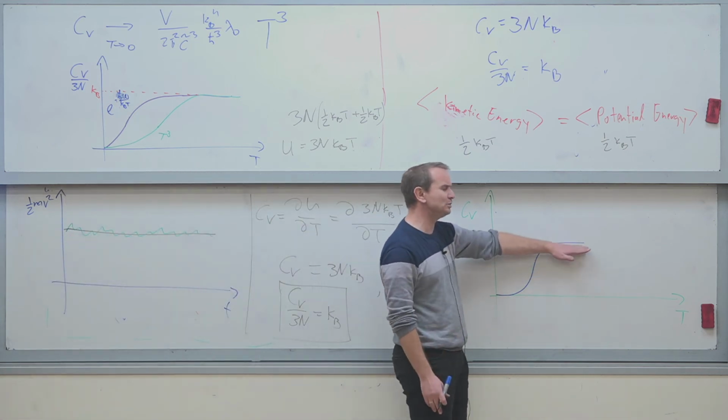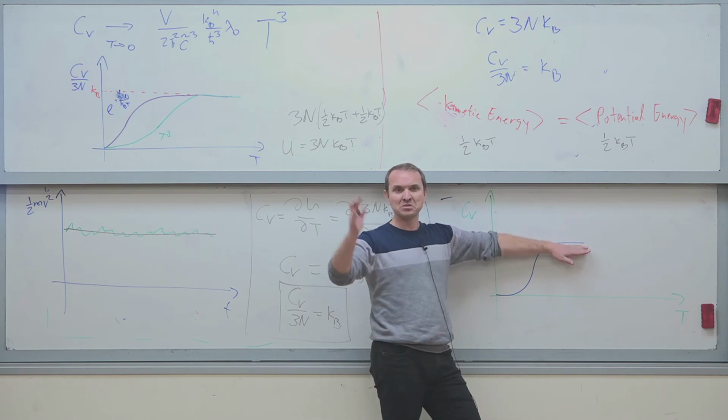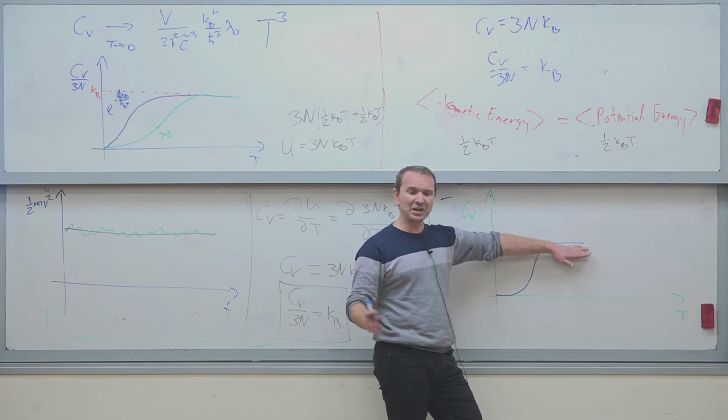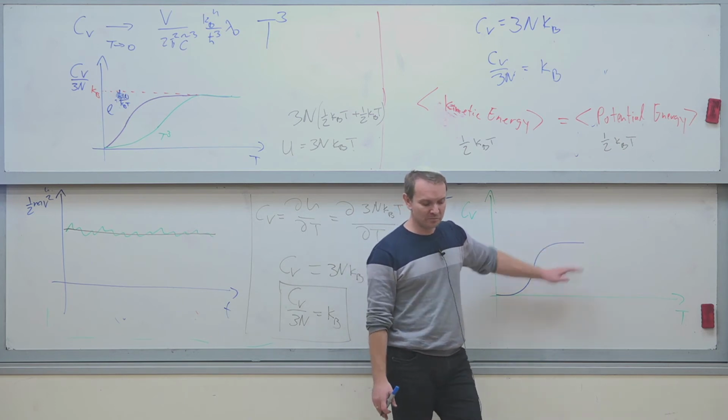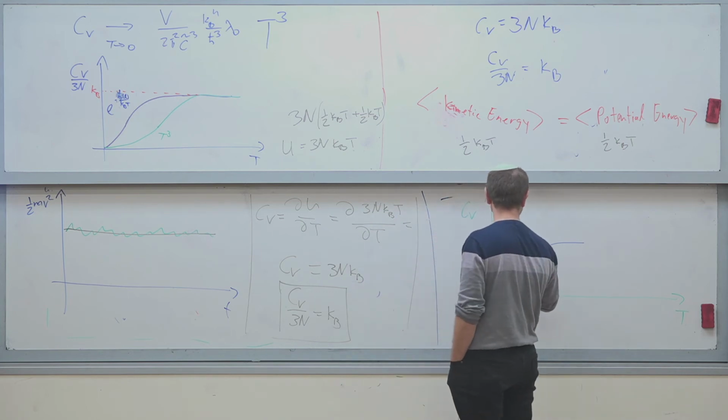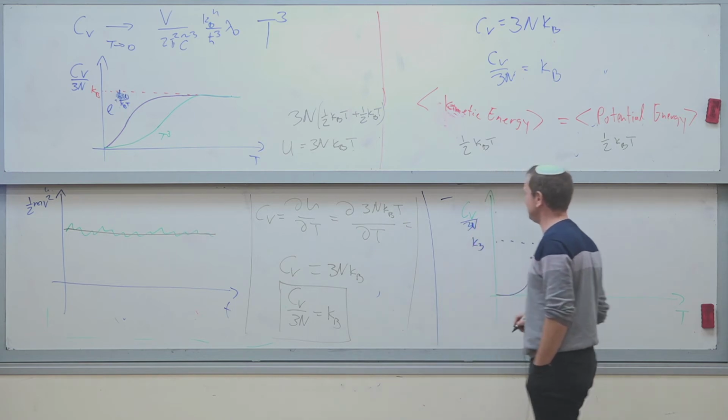The saturation tells me that now I have 3n degrees of freedom. All those degrees of freedom are completely independent of each other, and they all contribute one k Boltzmann. So it's Cv divided by 3n.